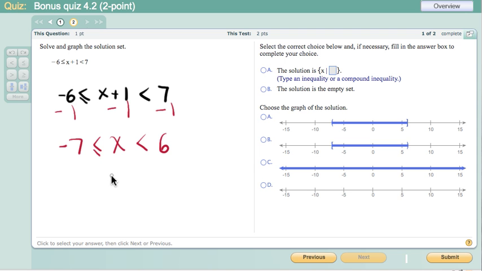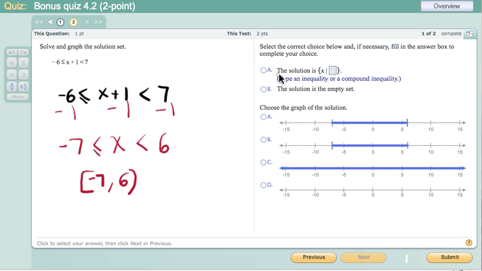That's an intersection situation. And if I write my answer here in terms of interval notation, it's going to be all numbers, including negative 7, to the right, going towards 6, but not including 6. And so in interval notation, it looks like that. The numbers that simultaneously satisfy are represented by this interval notation.